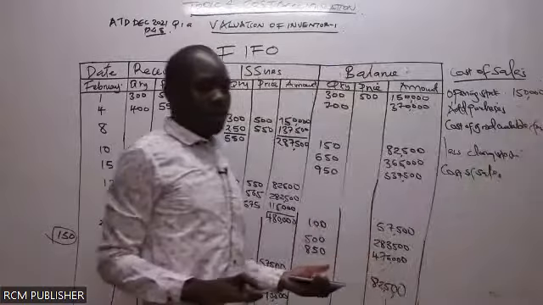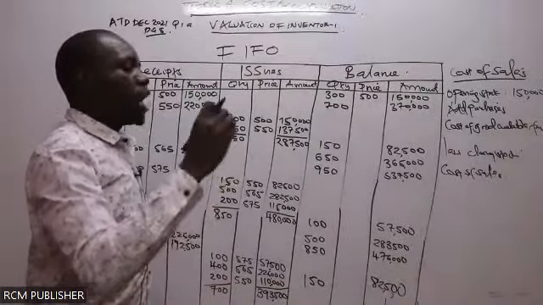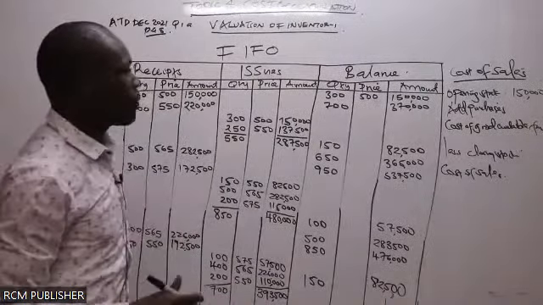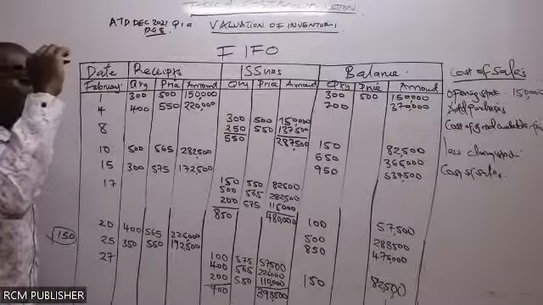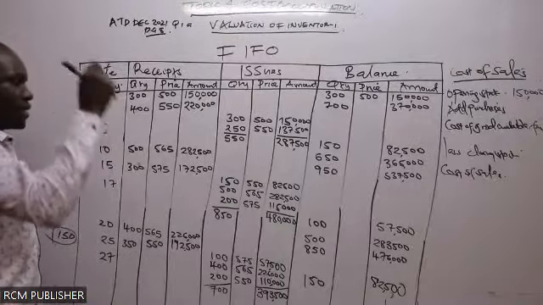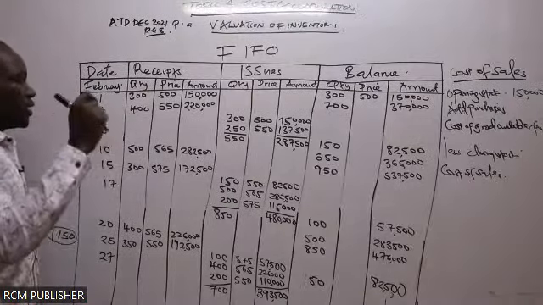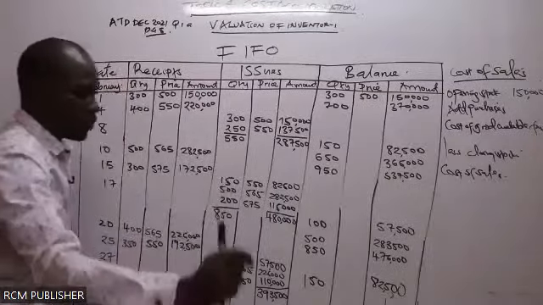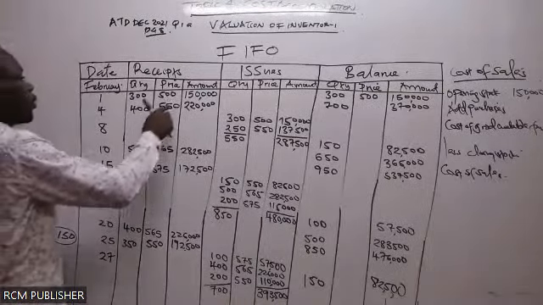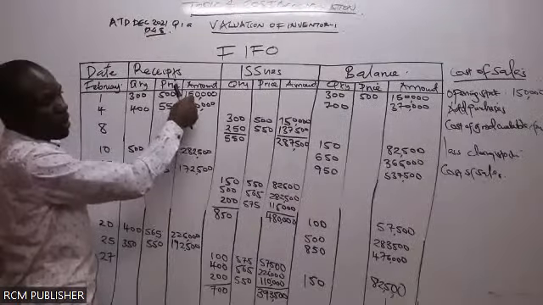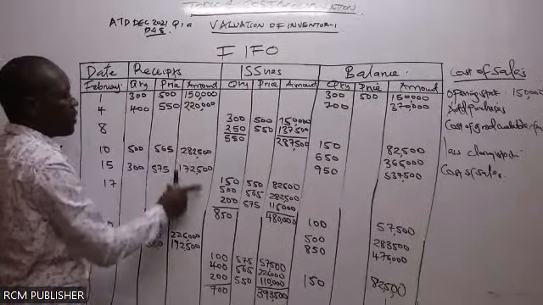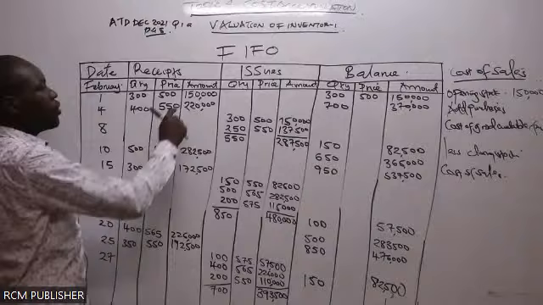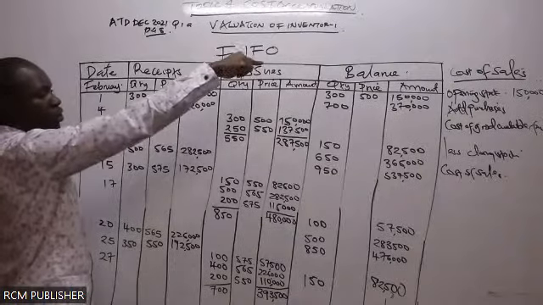That is it. What do we do? We add purchases. Now, purchases is all goods that were brought in. Those receipts are what we are supposed to add together. So this one here, of course, the first one is opening stock, but here all of them are falling under receipts. So we've taken the opening stock, it is already there.